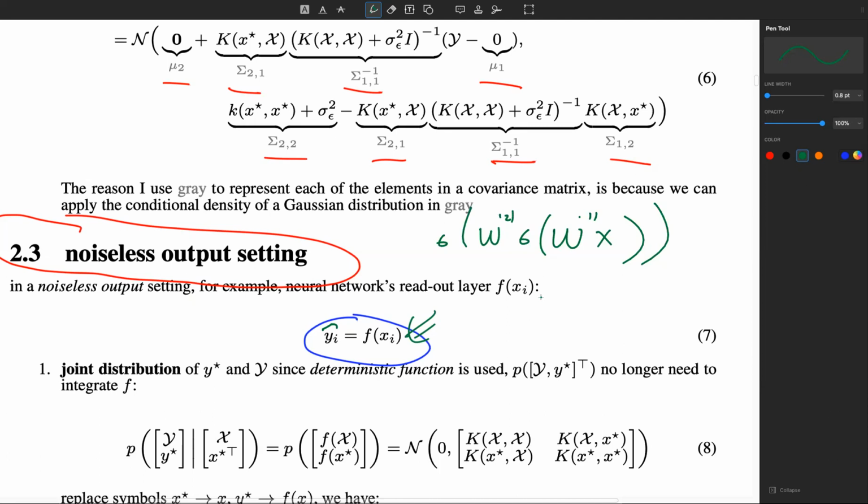Anyone see that this is the relationship between Gaussian process and neural networks? Well, in fact, a neural network can be modeled using a Gaussian process, but under very extreme conditions.